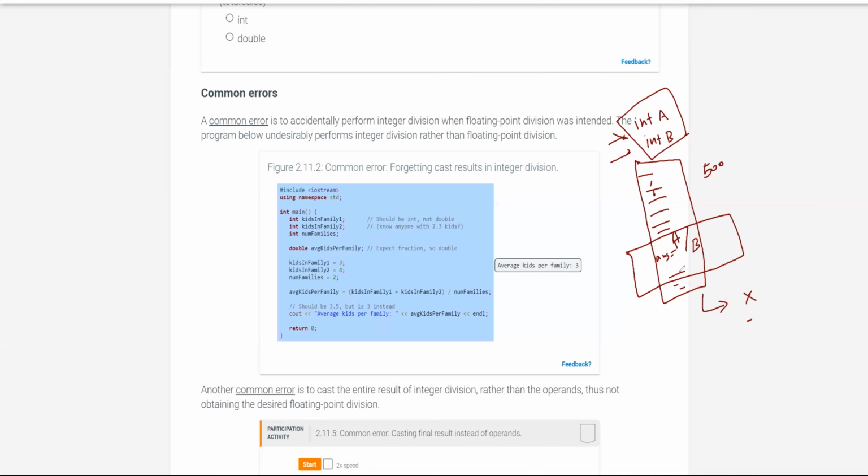So those are the common mistakes people make. Did you get what I'm saying? What I'm saying is, if you have long lines of code or separate files, when you encounter this kind of situation, unless you are aware these are integers, you're never going to get the right answer.